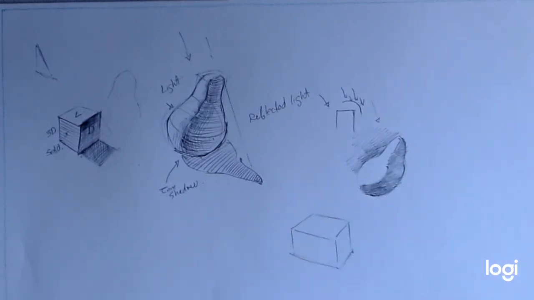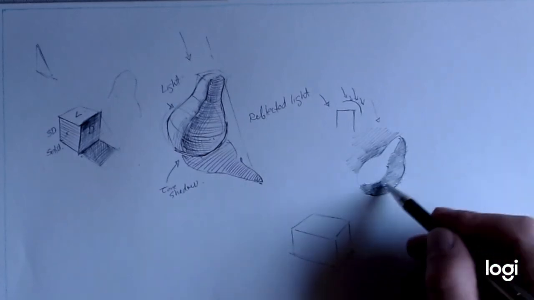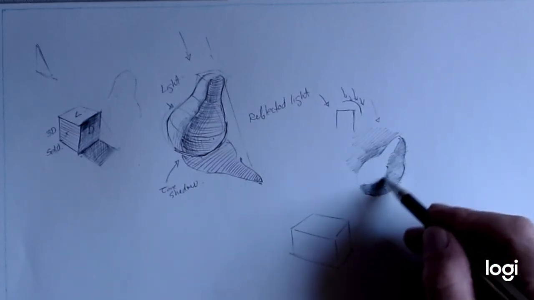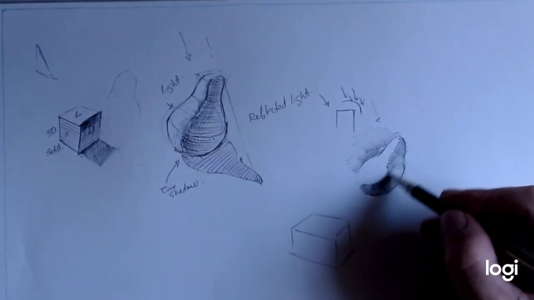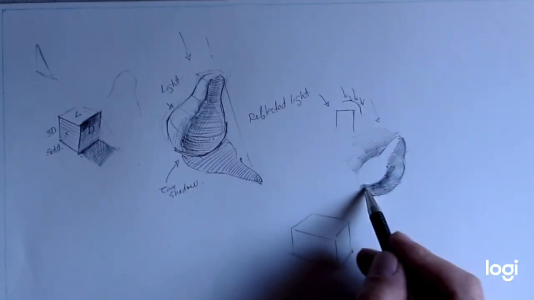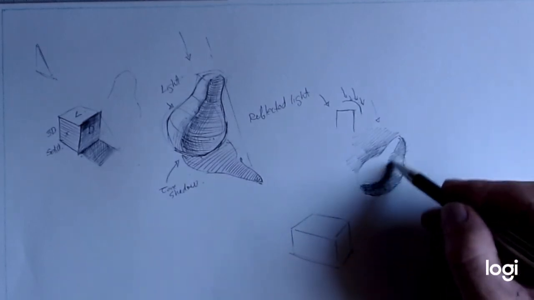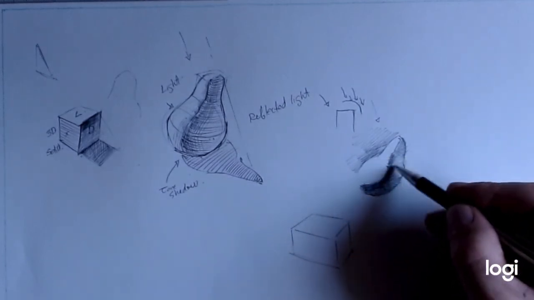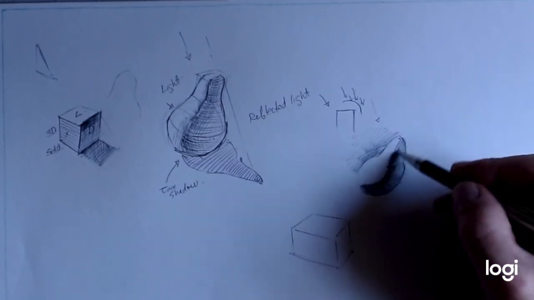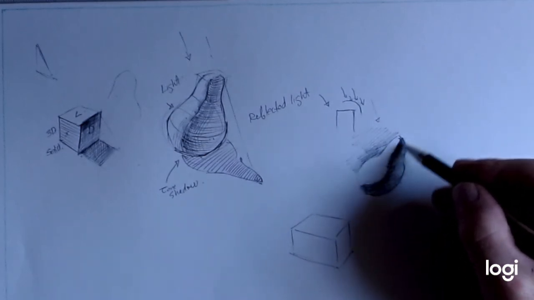Okay, so we've separated the light from the dark. And now what I want to do is come to this edge, and I'm going to darken just on this edge. By darkening this edge, it creates the effect over here of a core shadow, of reflected light and a core shadow.